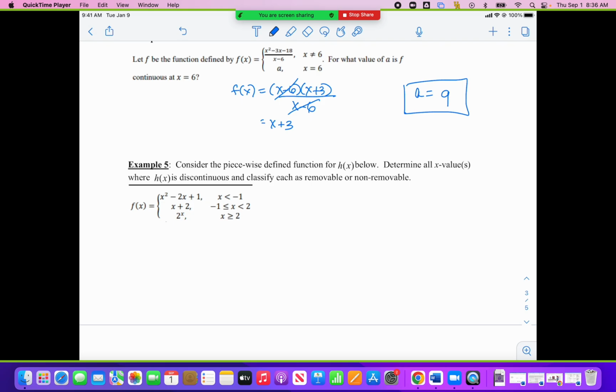So let's look at the limit as x approaches -1 from the left. And a note that I noticed on the quiz, we do need to be careful with order of operations. If it's x squared, that negative becomes positive. So I'm getting 4.